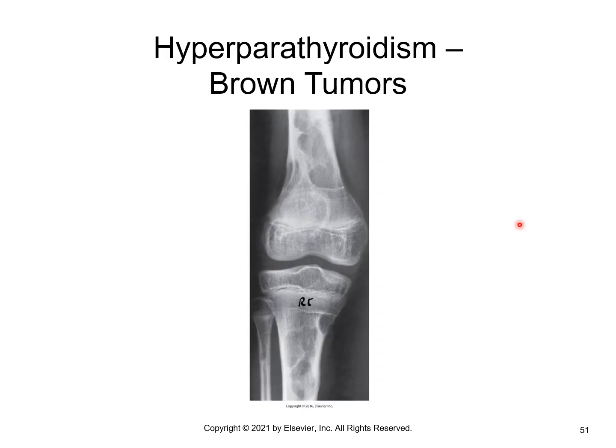Now, if it goes on and on, the tibia is a common place for the bone to be destroyed, basically to mine that calcium to maintain muscle function. You can see this is not just the tibia, but it has even extended into the femur in this case.